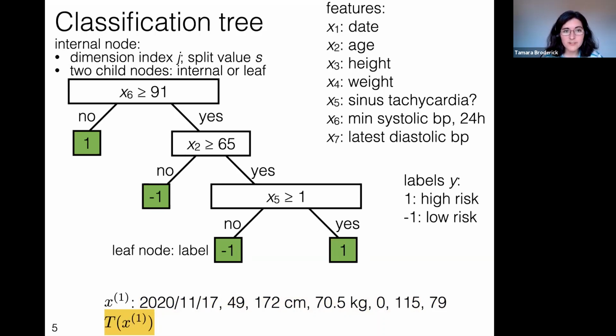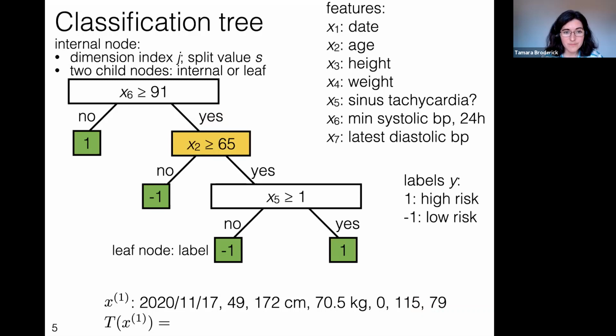We run through the decision tree. First we ask, is x6, the 6th feature for this data point, greater than or equal to 91? In this case it's 115, so it's greater than or equal to 91. So we say yes.